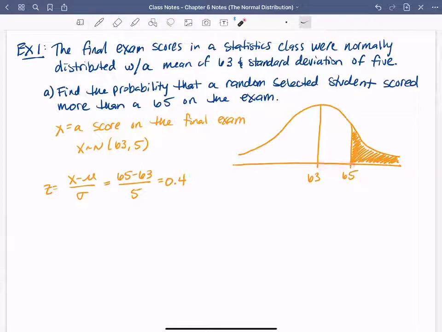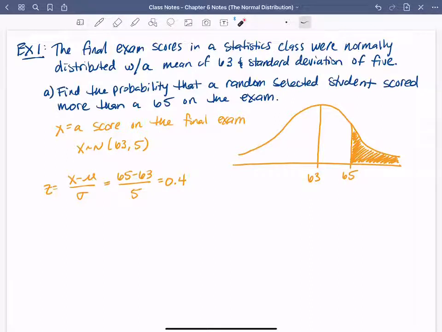What do we do with that now? Now we get to go to our chart. Some places and some textbooks or lessons will have you use technology. Going old-fashioned, using the table, it's always handy. Doesn't require you to get a fancy calculator.